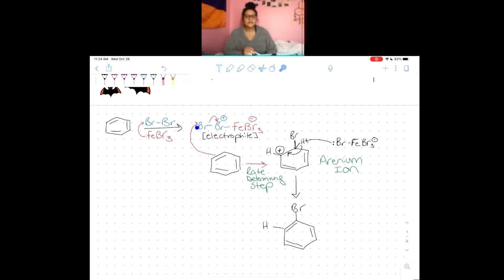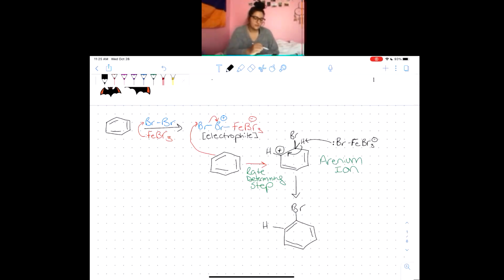And then the benzene attacks the electrophile, and we undergo the rate determining step, and we get the arenium ion. And once we get the arenium ion, the Br will act as a base and steal that hydrogen, and we will get this product, which is just a substituted benzene ring.